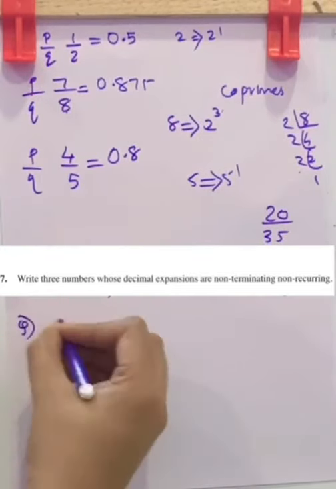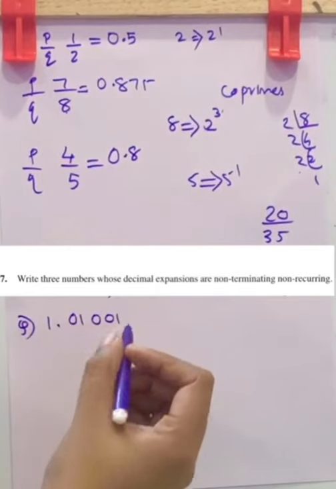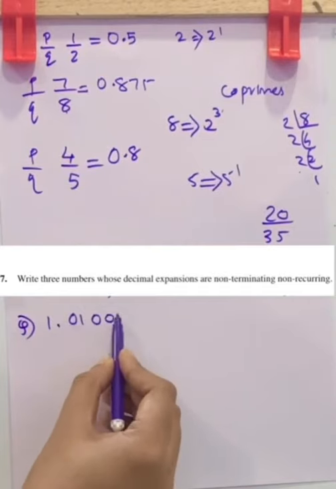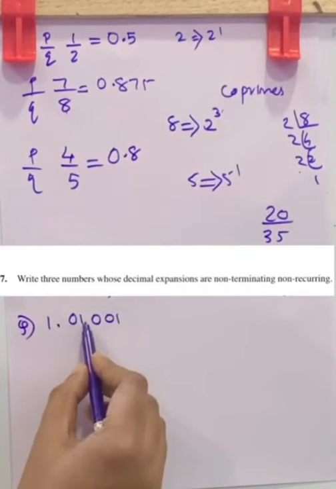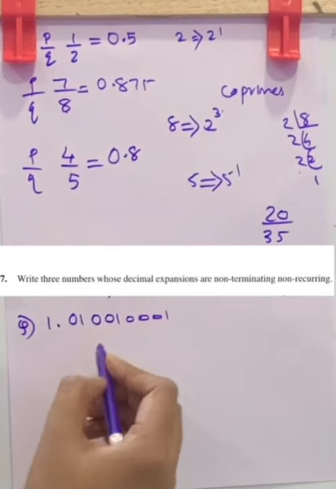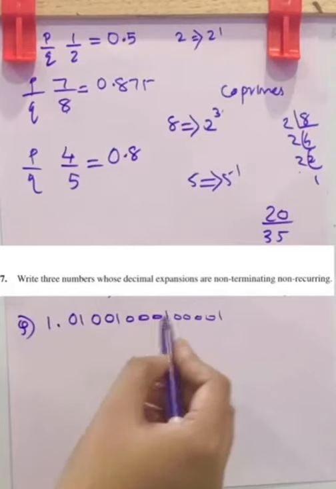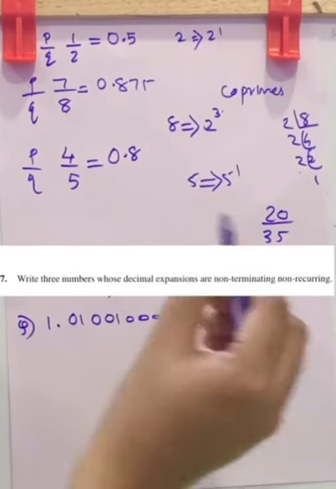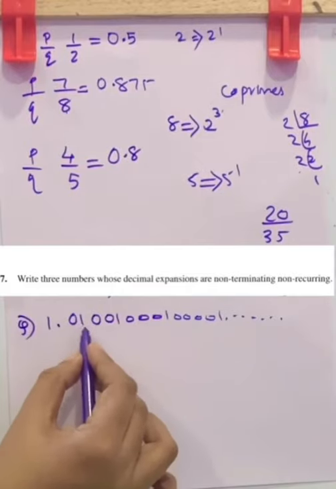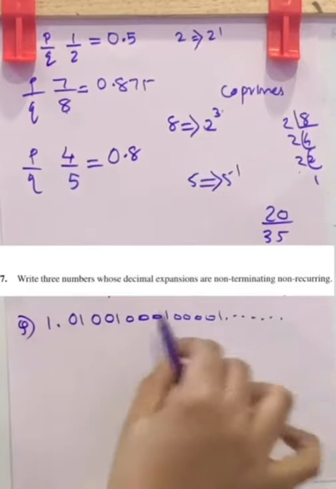Simply we can write it as 1.01001. Here if it was repeating, here must be 010101. But I am writing it as 01001. So it is not repeating. 001. 00001. It is non-repeating and non-terminating. If it was repeating, I would write it as 01010101. I am not writing it like that. Simply in this manner.